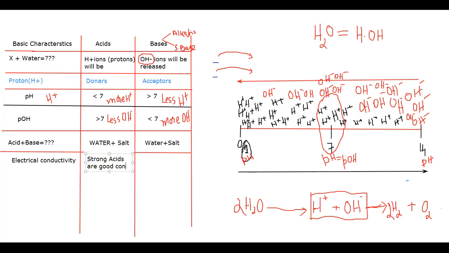We will also discuss that. What do you mean by strong acids? Strong acids are good conductors, while strong bases are not. While weak acids are not. The same thing I'm just going to type here.